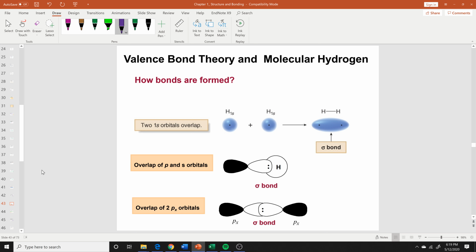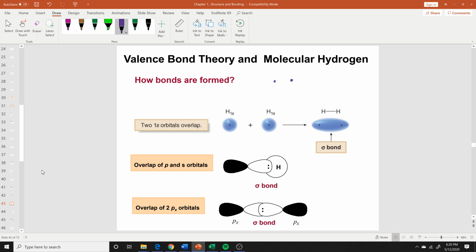For any bond that I want to form, I need an overlap of 2 electrons. So if these 2 electrons overlap with each other, of course, an electron exists in an orbital. And the orbital can be either an s orbital, which has a circular shape, or a p orbital, which has a dumbbell shape.